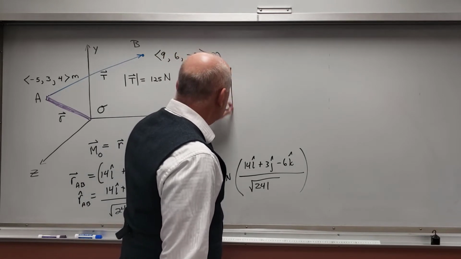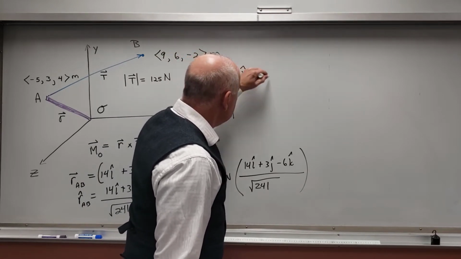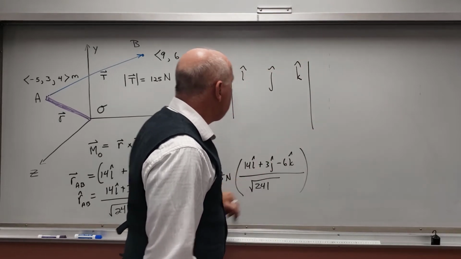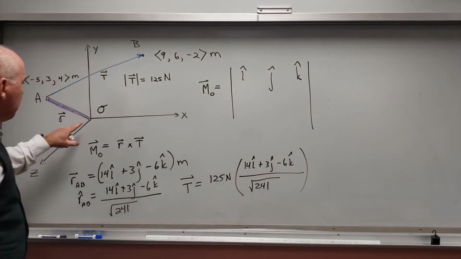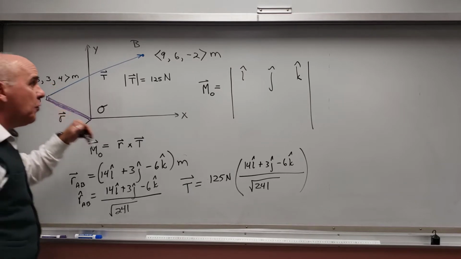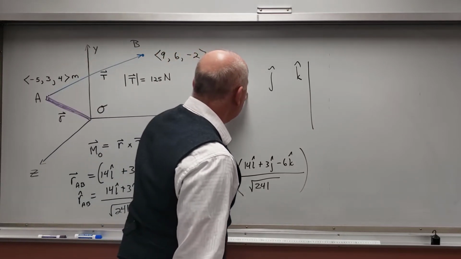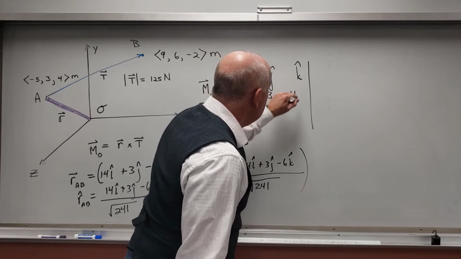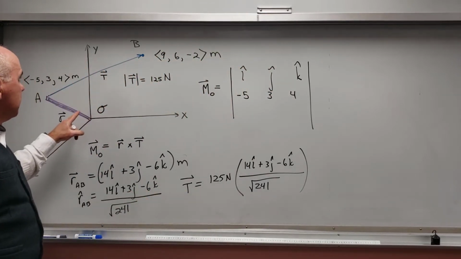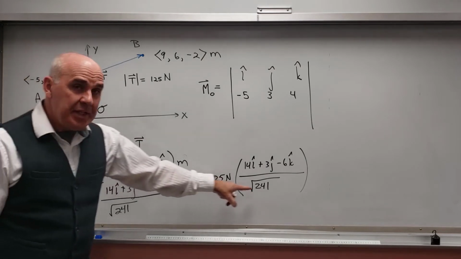So when I do my determinant, i, j, and k, I'm going to have r. Here's where the force is applied, right? The force is applied at A. So that r is minus 5, 3, and 4. And then my force is right here.